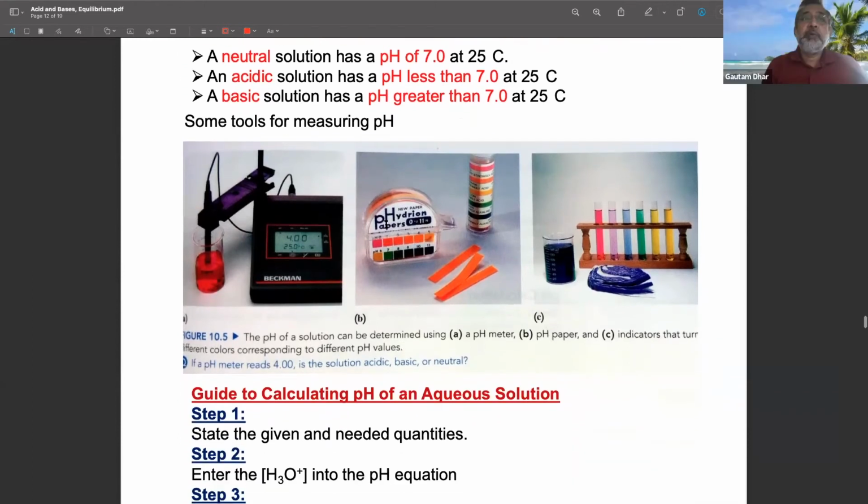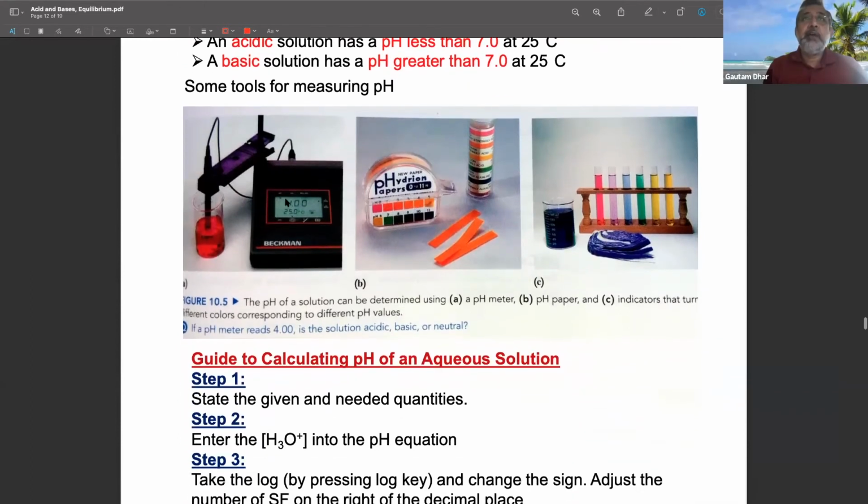Now, in the lab, we can use a pH meter, which gives a very accurate reading of the pH. We can use strips. Strips are more like a broad range, okay? But you can get pH paper that can be very close.